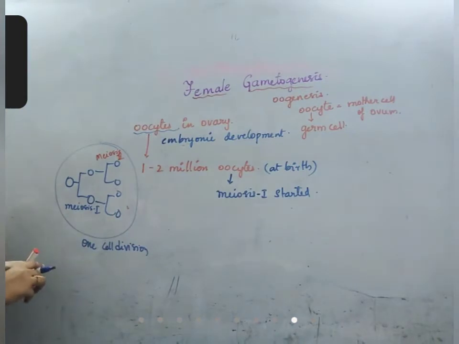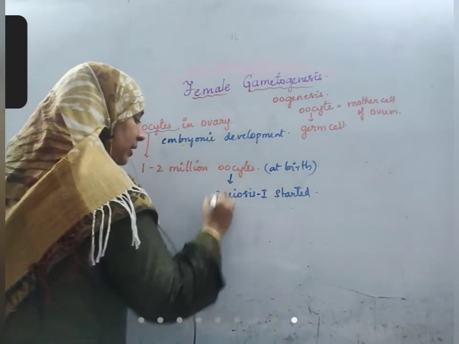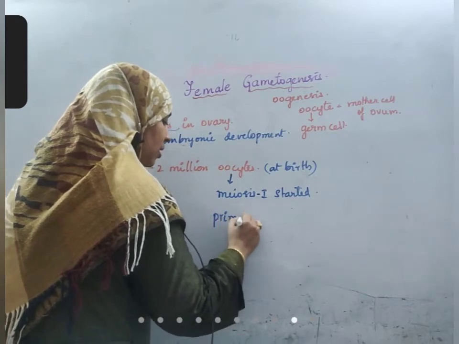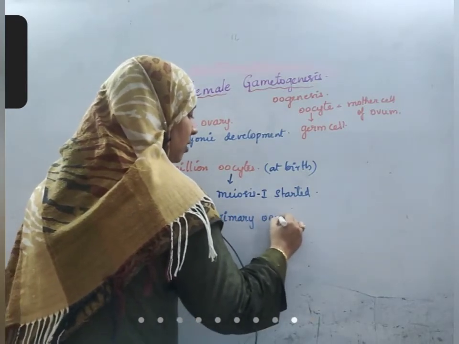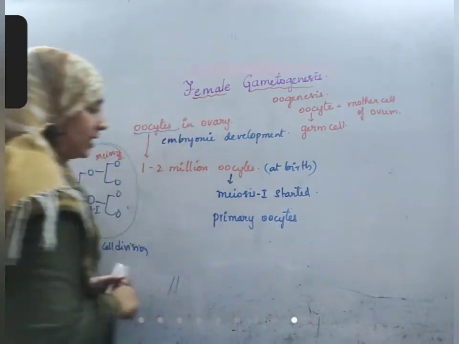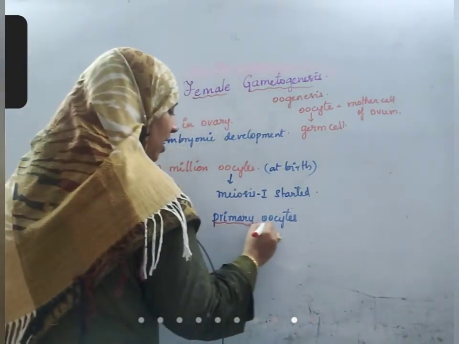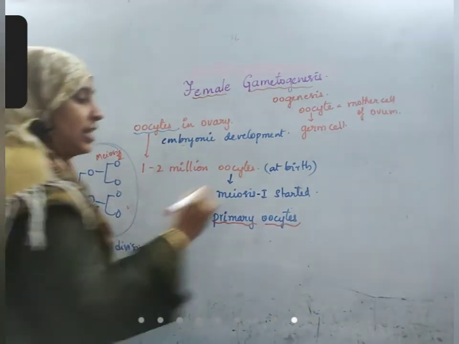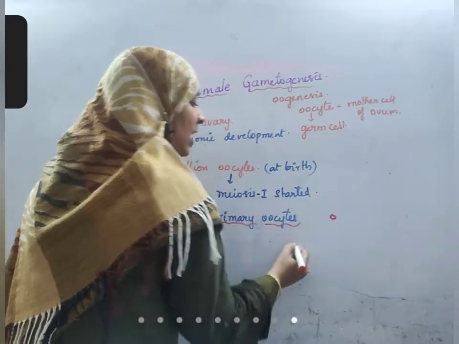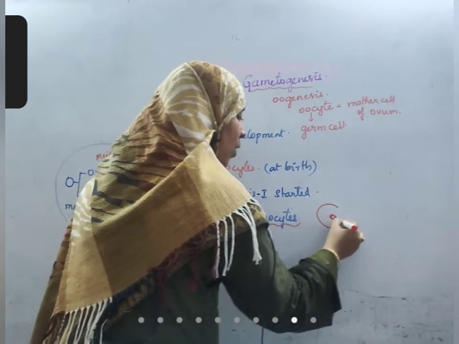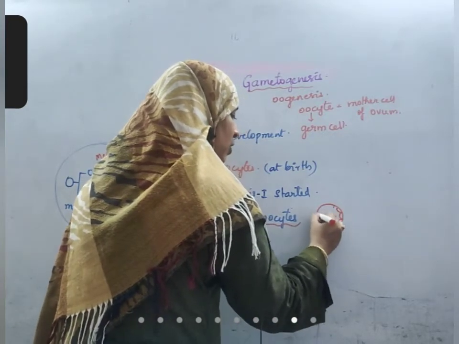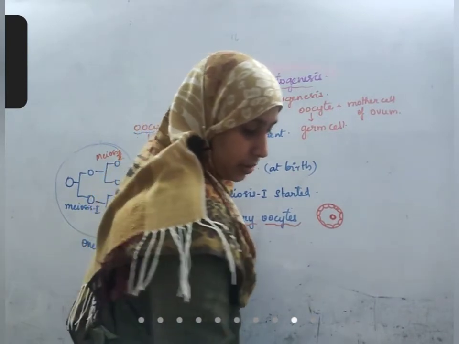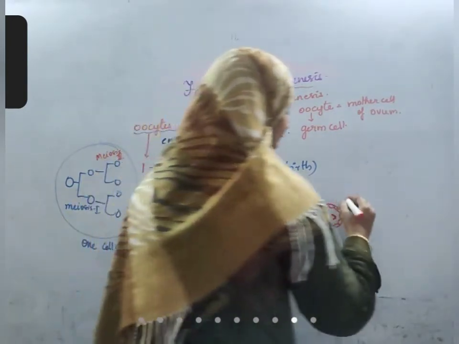Meiosis 1 will start. At that time, they are called primary oocytes. After the meiosis has started inside the ovary, they are called primary oocytes. This primary oocyte will develop a layer around it. This layer is called granulosa cells.